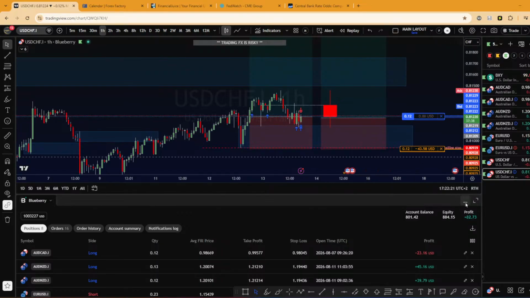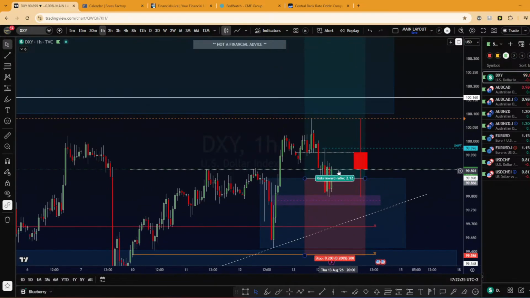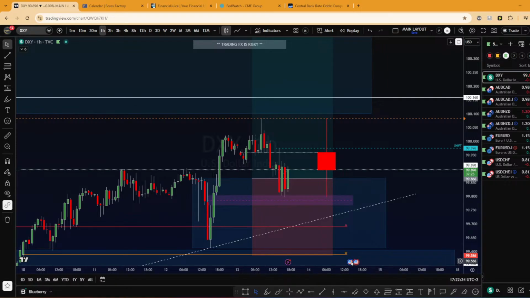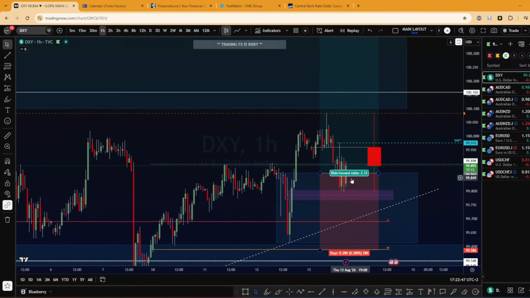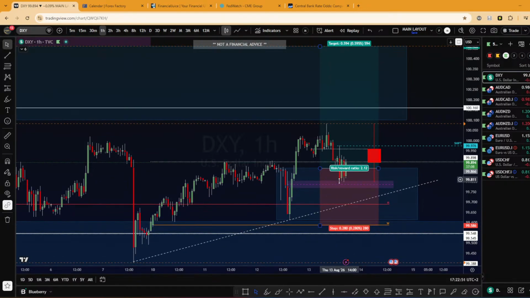Which is being bullish on dollar for today, at least towards this level, somewhere here, and it seems like the dollar is holding. Tomorrow we have retail sales, so let's see how this will affect the dollar. I'm still sticking to this trade idea.